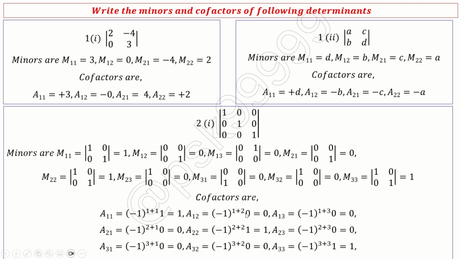Correct? So always you will have an odd sign here, here, here, and here. Hope you understand what I'm trying to tell here. So you can follow the same: write the cofactors in a row for a 3 by 3 matrix, then you can easily find out if there is a mistake.